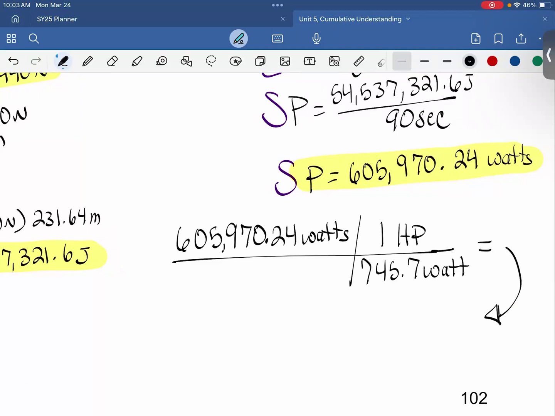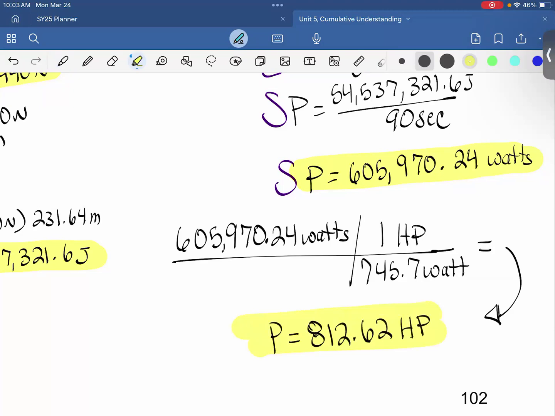When we divide 605,970.24 by 745.7, we will find that our power value in horsepower is 812.62 horsepower, which is a more realistic and understandable number when we're thinking about a machine.